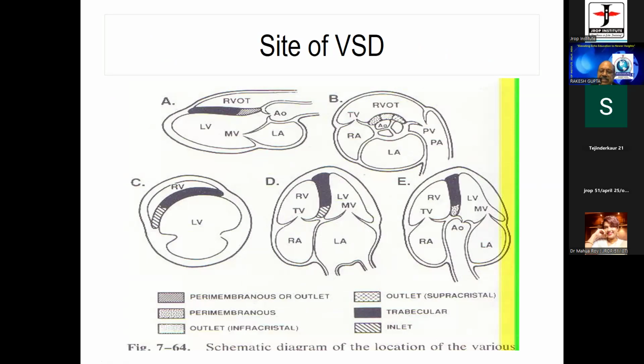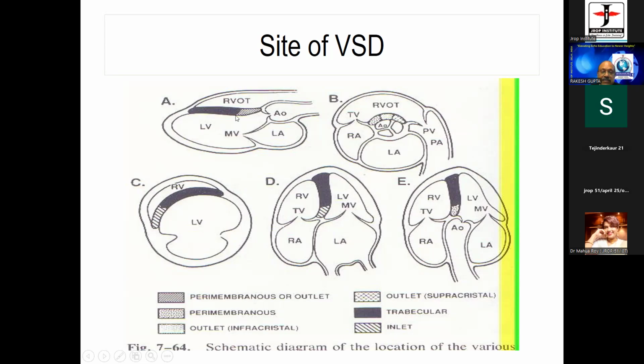Where do we see VSD? We virtually see VSD in every view we use in our practice. We see it in the parasternal long axis view, in the short axis view at the level of papillary muscles, in the 4-chamber view, in the 5-chamber view, and in the parasternal short axis view at the aorta. So how do we say that?